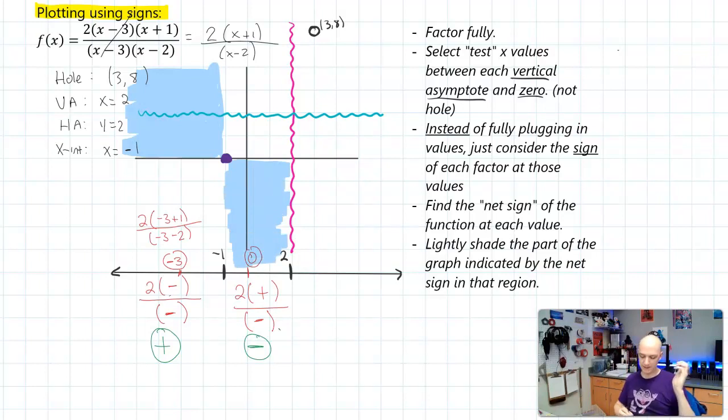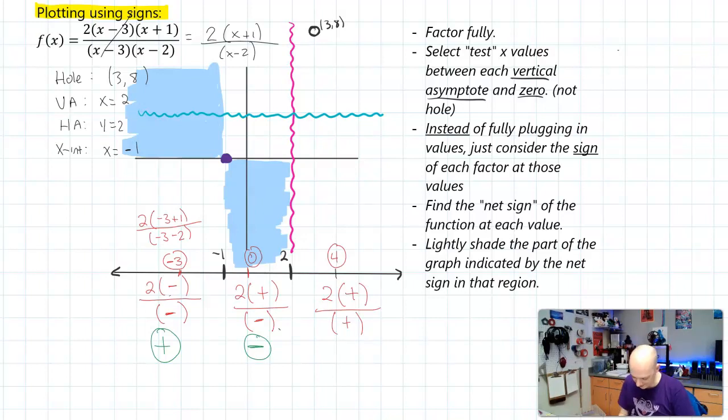Then finally, I'm going to test a value above 2, maybe 4. Just hypothetically, what happens if I plug in 4? Well, it would be 2, and then 4 plus 1 is 5. That's definitely positive. And 4 minus 2 is 3. That's definitely positive. So I have 2 times a positive times a positive.